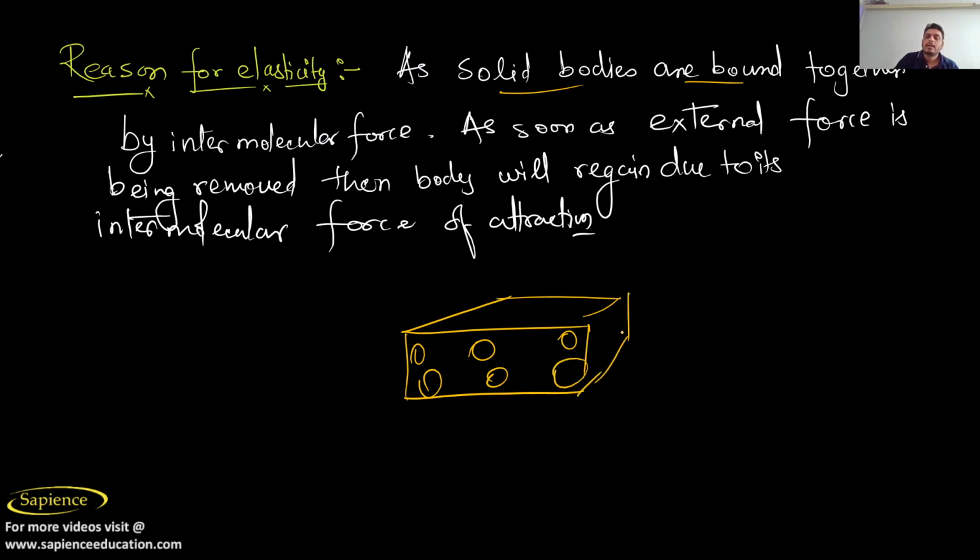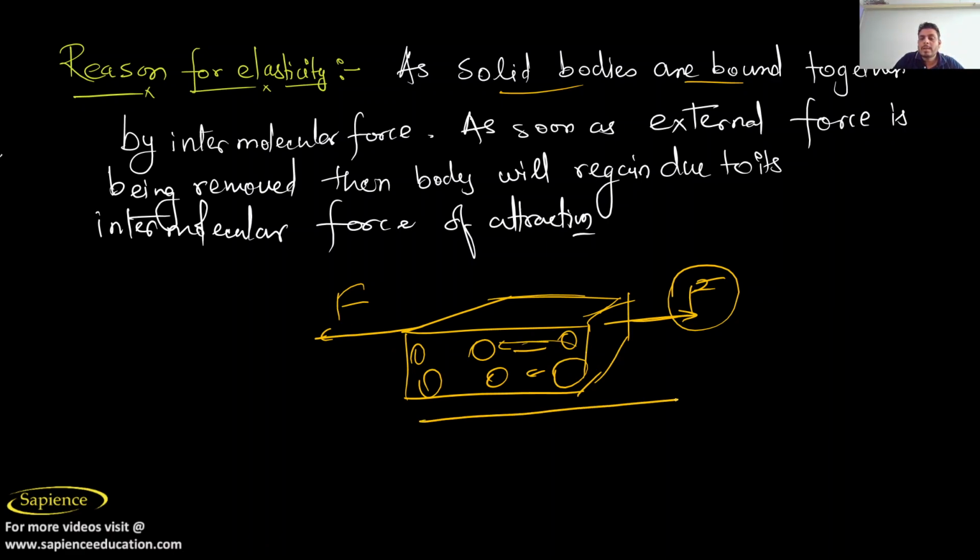As soon as you apply a force here and here, two types of force, you are applying an external force to overcome the intermolecular force inside. So this body will deform and change its shape and size.